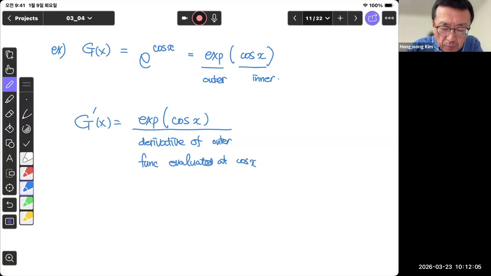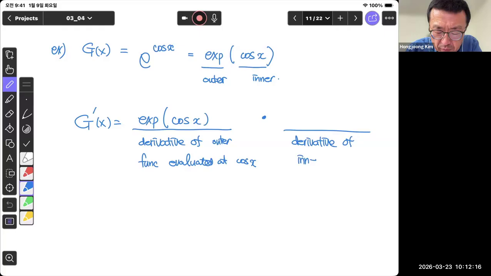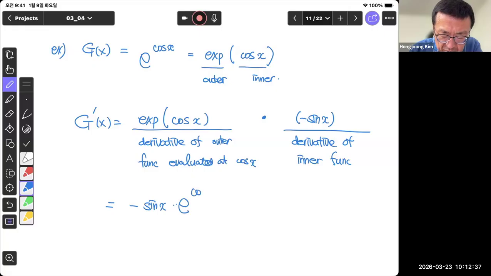And then you need to multiply by, okay, what? The derivative of the inner function. What is the inner function? Cosine. And what is the derivative of cosine? Negative sine. So the final result will be negative sine x times e to the cosine x.